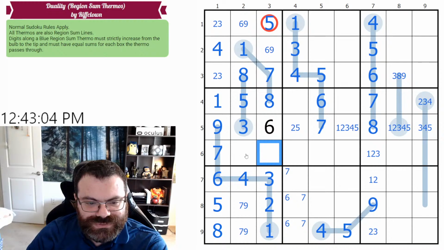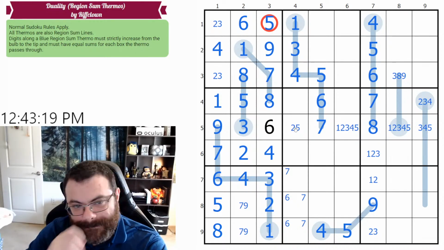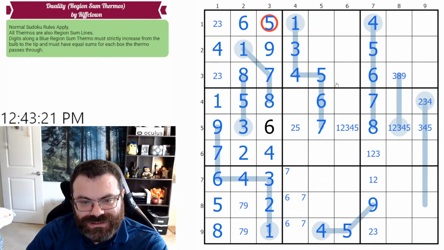Let's see. 2 and 4. This is a 9. Oh, it's seen a 6 this whole time. When did that 6 appear? Let's see. This isn't an 8. I think this can still be 3, 2, 1.